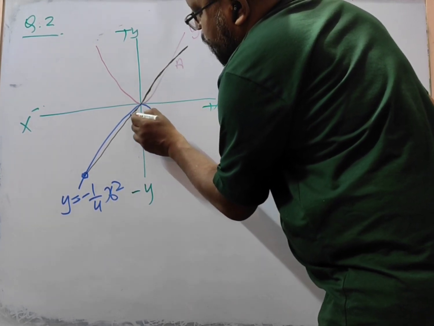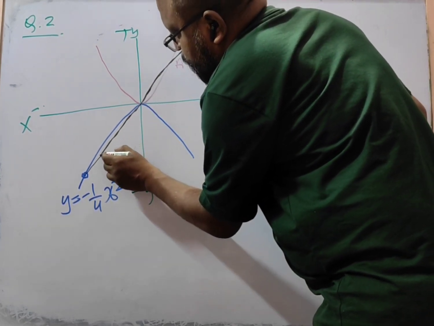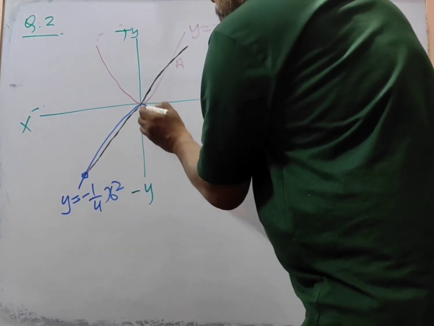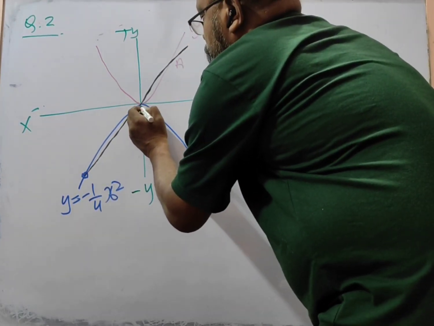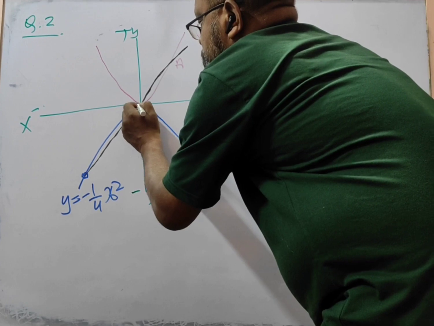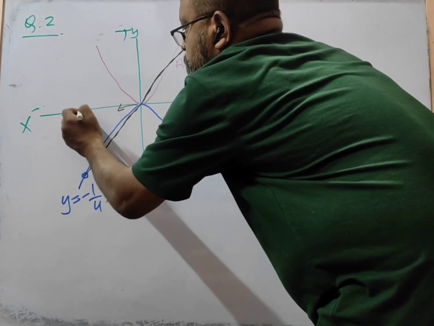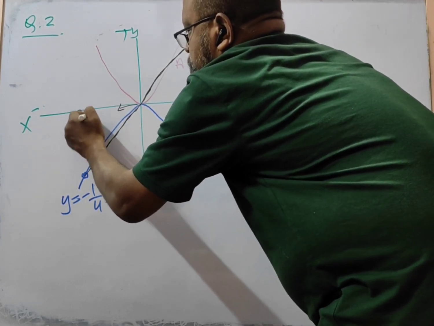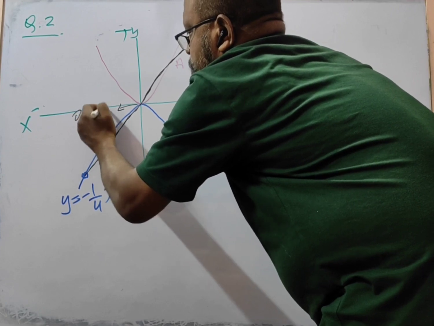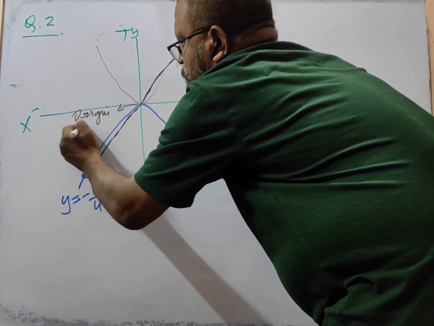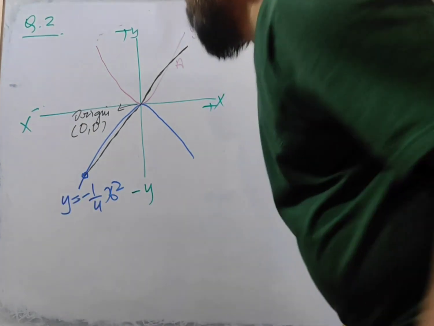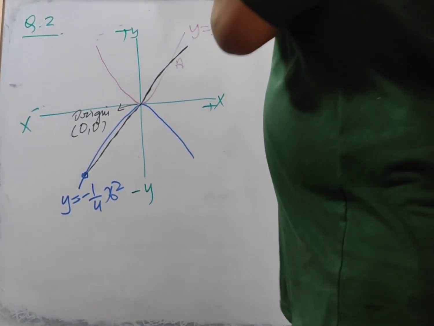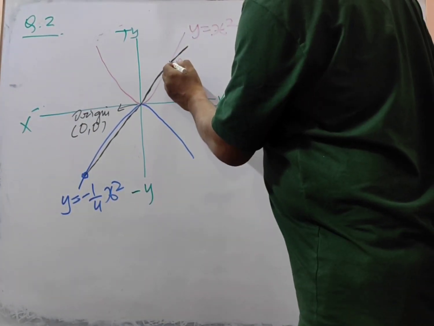This is origin, having coordinates 0, 0. Fine. So we have to find the coordinates of this.